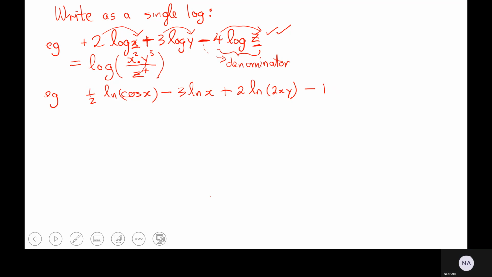Now, before I actually do this, I want you to look very carefully. I can write as a single log, provided all the bases are the same. In the first case, these all have log 10 as a base. The base is 10. It's a standard logarithm.